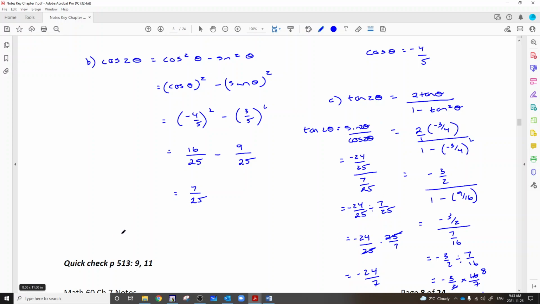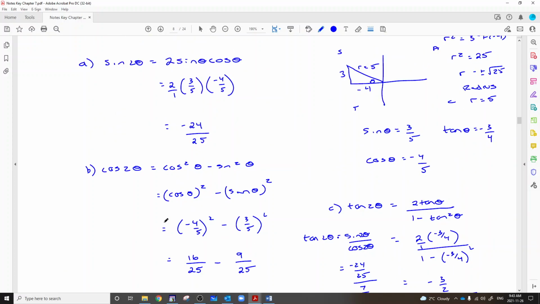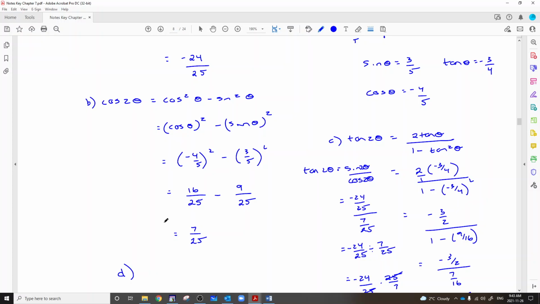And then part D, it says, what quadrant does angle 2 theta lie in? Well, how are we supposed to know that? Without solving for theta, or 2 theta, what we want to do is look at whether things are positive and negative. So we found that the sine of 2 theta was negative.